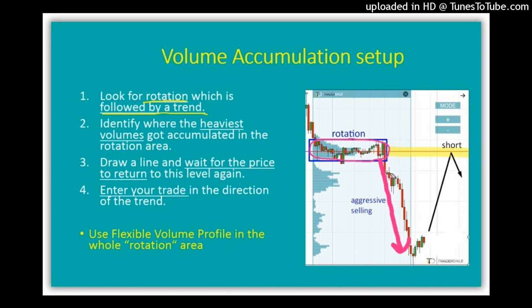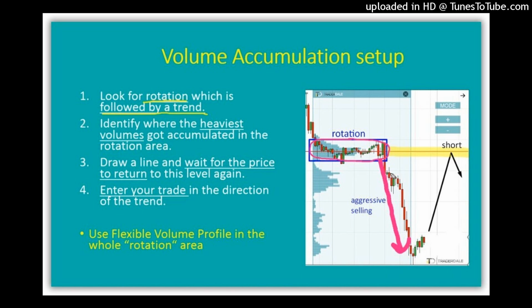then the rotation, the volumes in the rotation or the level is already tested. It got tested in here with this movement. Alright, so if the price went out of the rotation, quickly tested the level and went into the buying activity, went into an uptrend or a downtrend, it doesn't matter.